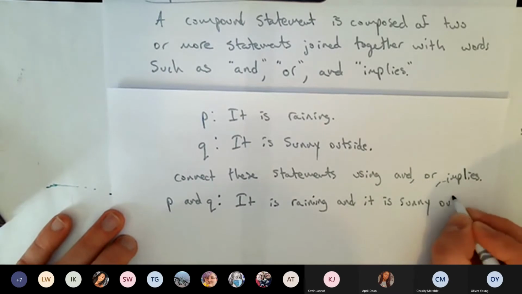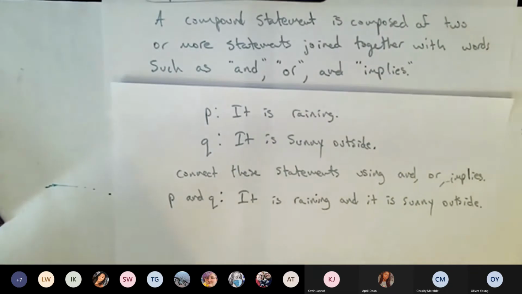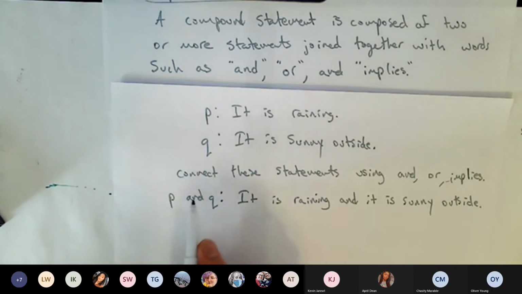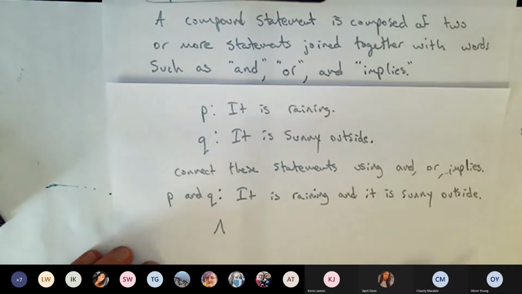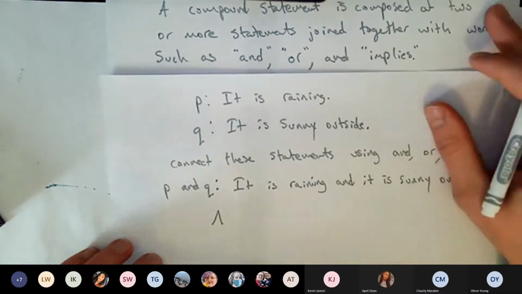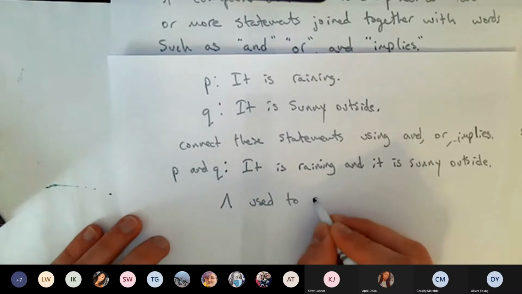Okay, so do I really need to write all of these? I think you get it here. But one thing I will say is that we have little symbols for these. We actually will never write this as I've written it here. We have the upside down capital V looking thing. This is used to denote the word and.